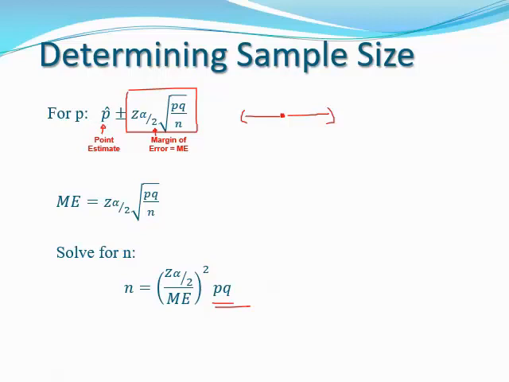Whereas here, if in doubt, I can use P and Q equal to 0.5 if no other estimate exists.